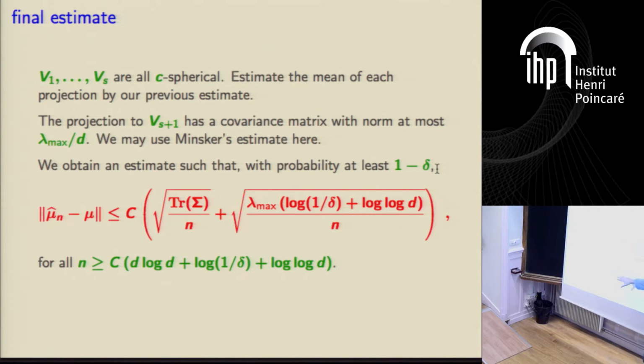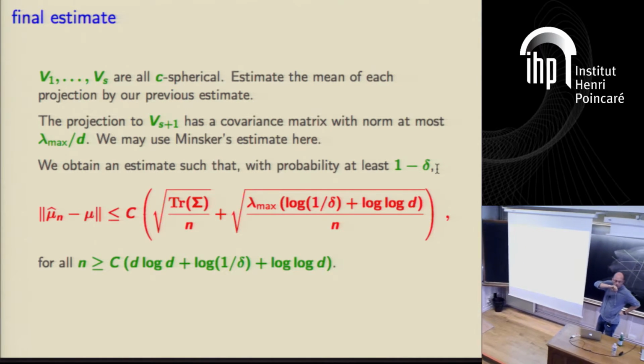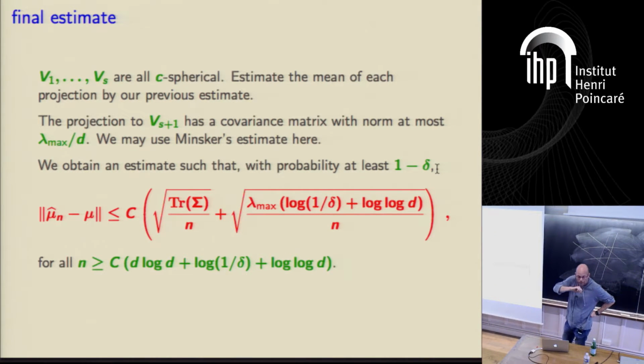But if n is at least d log d, then we have a nice sub-Gaussian behavior. Don't we need at least some linear dependence on d to be able to say anything about the L2 distance? Not according to Minsker. It's completely dimension-free. It works in an infinite dimensional space. It only scales with the trace, or in the Gaussian case, it only scales with the trace.